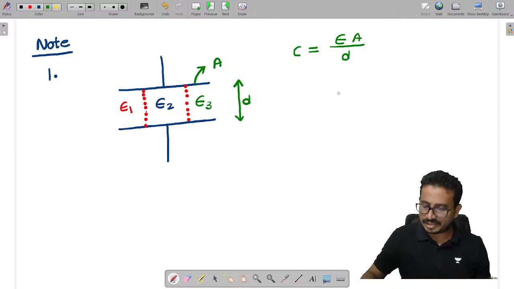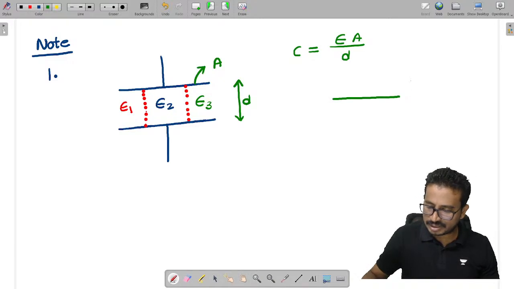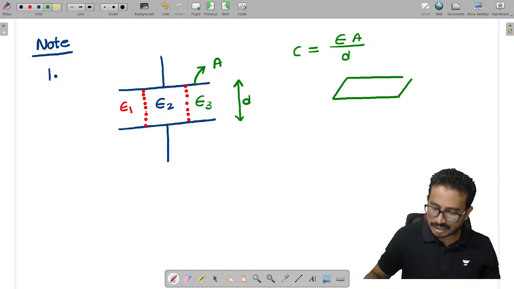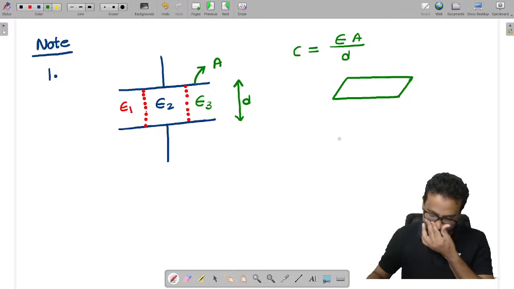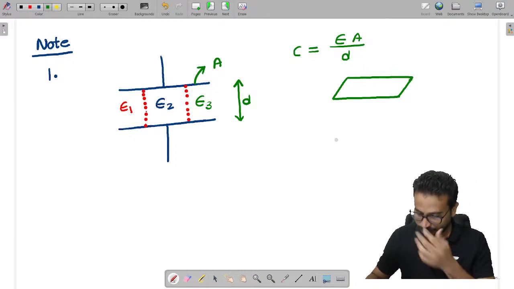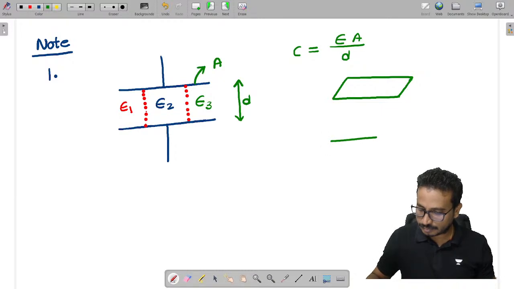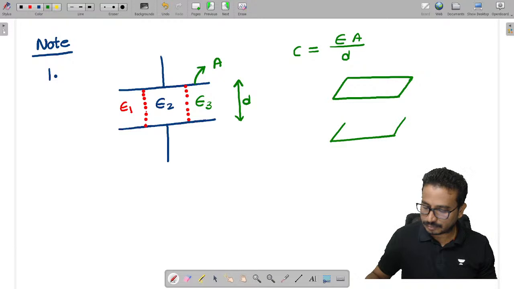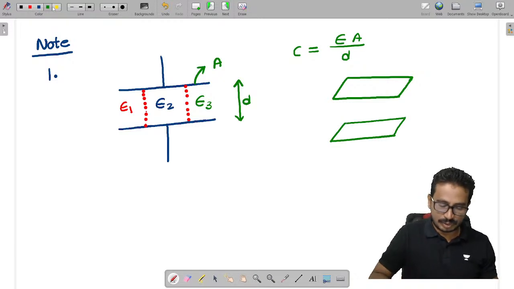So you try to understand now here. So here this is a capacitor. So this is a plate now, tell me. What will change you tell me now here?